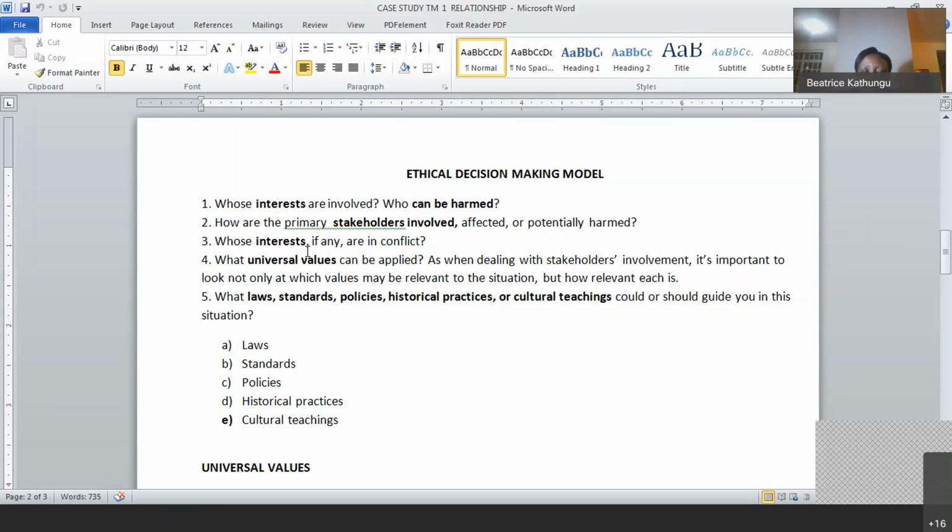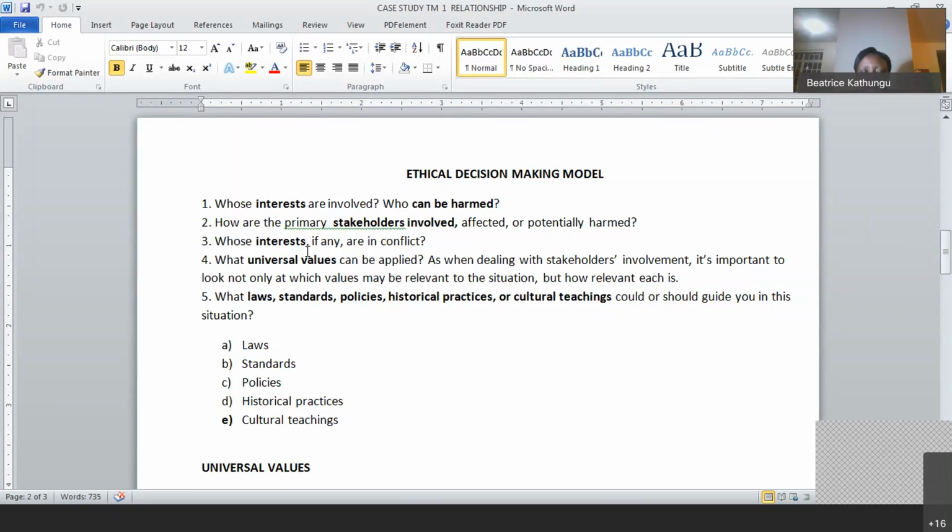And number 4, ask yourself, what universal values can you apply? For example, when you're dealing with stakeholder involvement, what are some of the values that are relevant to that situation? And I'm going to be reminding you what those universal values are shortly. And number 5, what laws, standards, policies, historical practices, or cultural teachings could guide you in the situation?